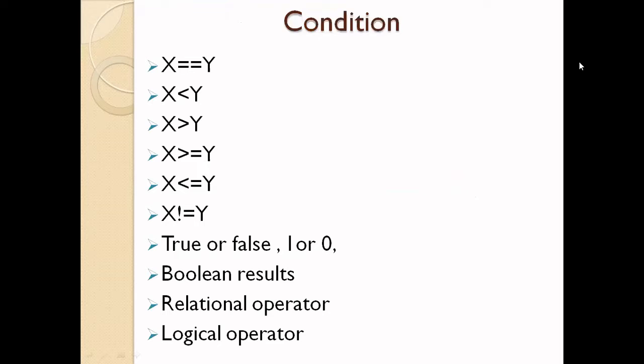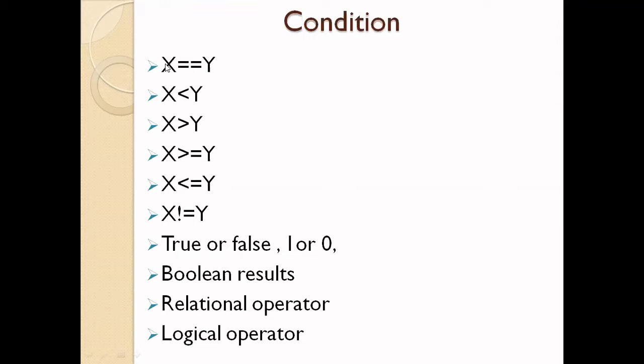There are 2 types of operators available. One is called a logical operator, and another is called a relational operator. Here I am using the relational operator. x is equal to y is one condition. If x and y are equal, the condition is true.